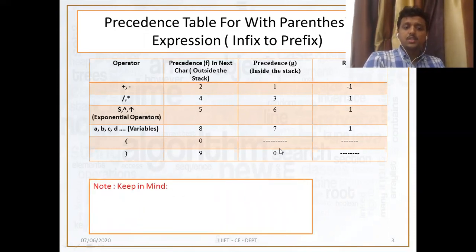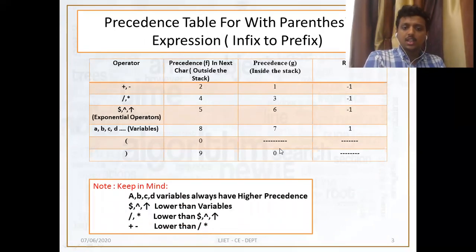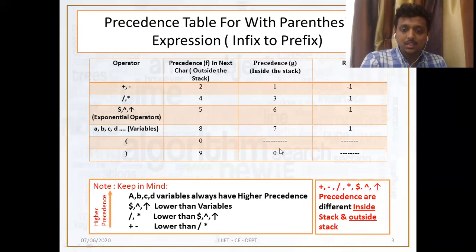What is the difference between them? Here A, B, C, D always have higher precedence than plus, minus, dollar, arrow, caret. The next point is that the precedence of plus, minus, dollar, arrow, caret is different inside and outside the stack.